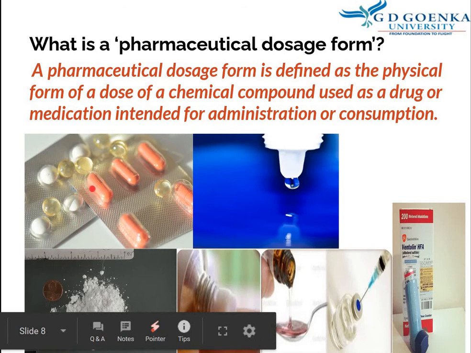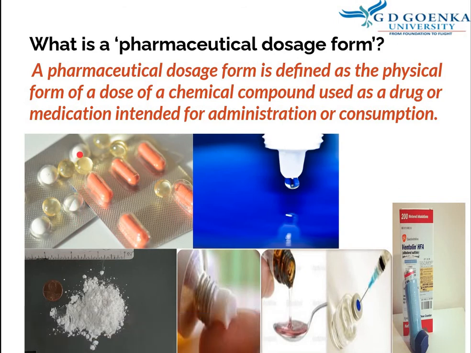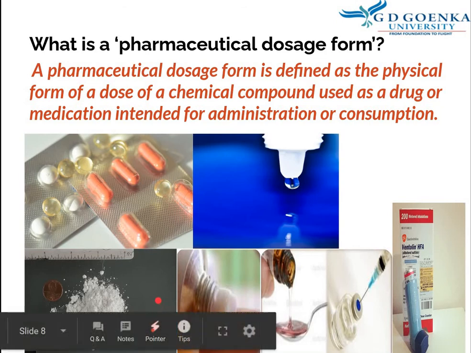This is the solid physical form, that is tablets, capsules. This is the liquid physical form of the active drug, that is liquid, eye drops. This is also a solid physical form, that is powder. This is a semi-solid physical form, that is an ointment, paste.